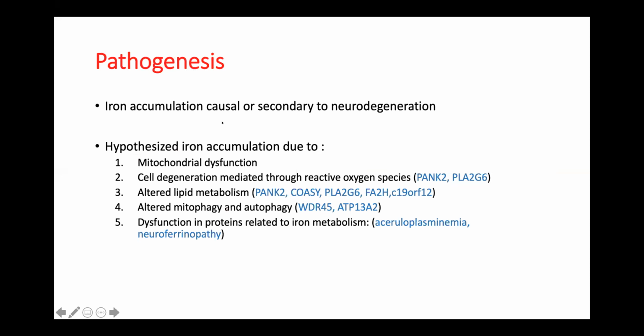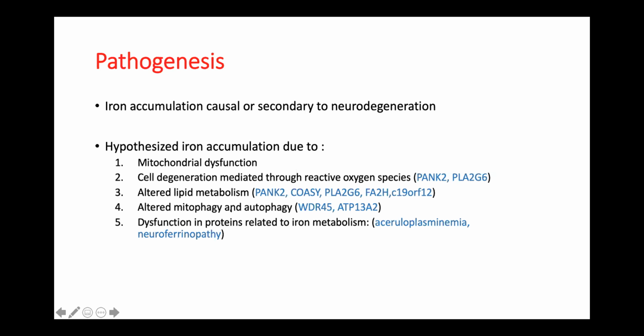Whether iron accumulation is causal or secondary to neurodegeneration is still not clear. The hypothesis is that iron accumulation is secondary to mitochondrial dysfunction, and in some disorders like PANK2 and PLA2G6, cell degeneration mediated through reactive oxygen species is known to be the etiology for iron deposition, whereas altered lipid metabolism is the reason in PANK2, PLA2G6, FA2H, and mitochondrial membrane protein related disease.